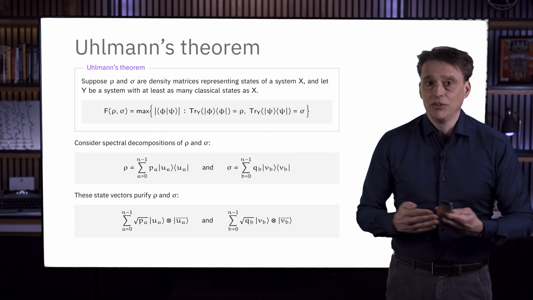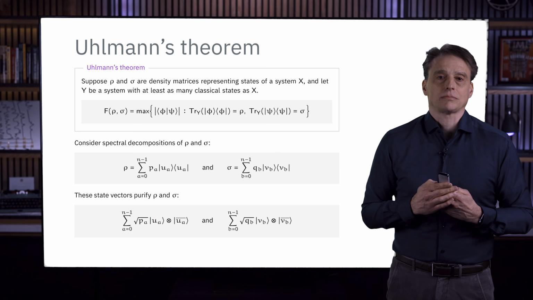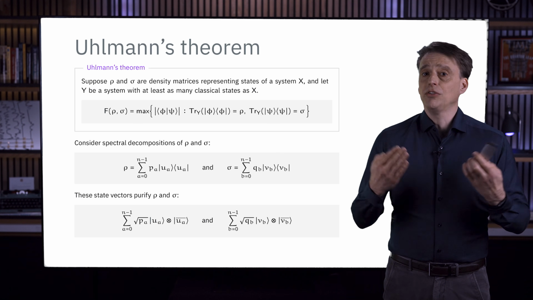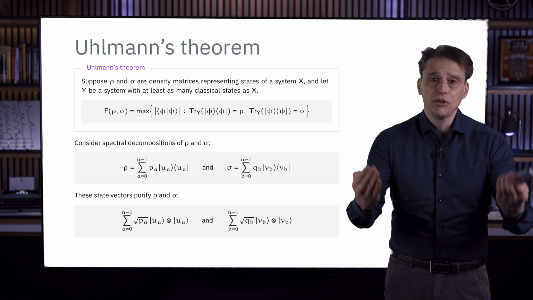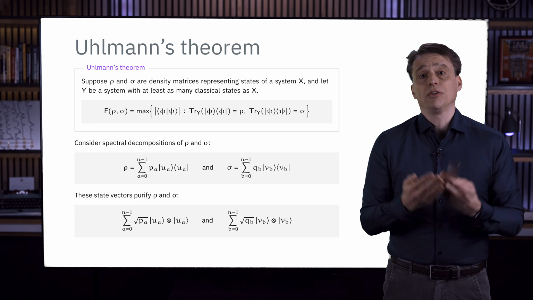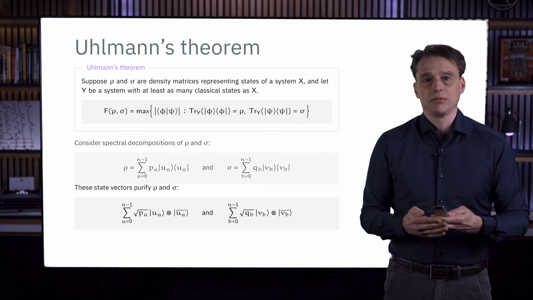But it's not at all obvious that we should do this, and that's why we call it a trick. In any case, these are purifications of rho and sigma respectively, and that's true by virtue of the fact that our eigenvectors are orthonormal, and therefore so are their entry-wise complex conjugates.